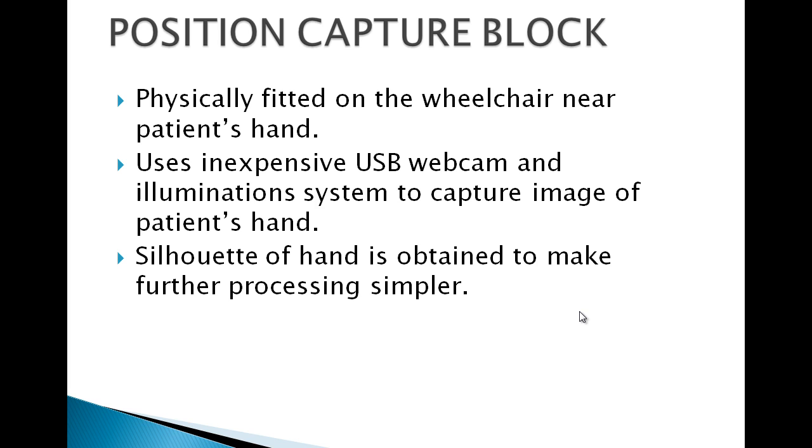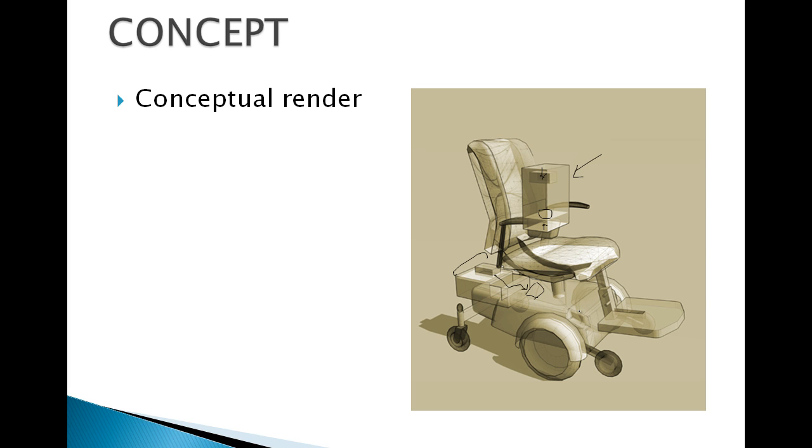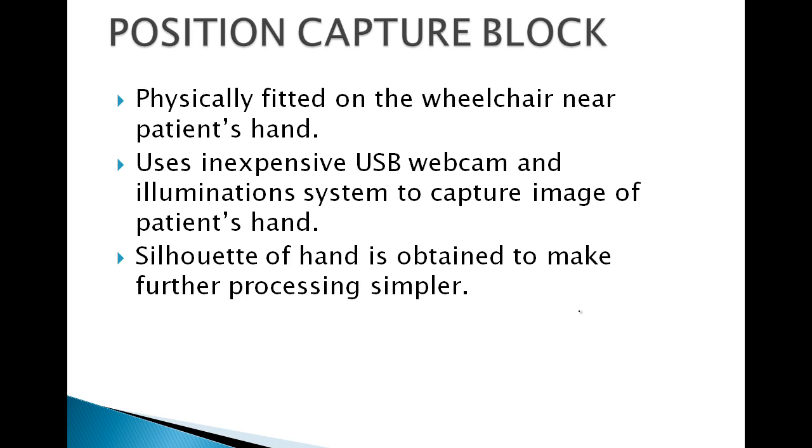The silhouette of the hand is produced using the illumination so that future processing becomes simpler. All this is done to make the design economical. It uses an inexpensive USB webcam for image capture, and the illumination can be done by an LED matrix consisting of really inexpensive LEDs arranged in a grid.